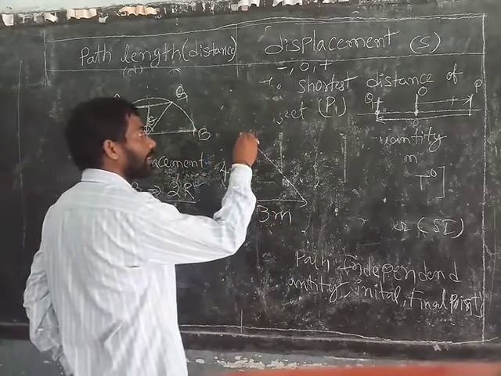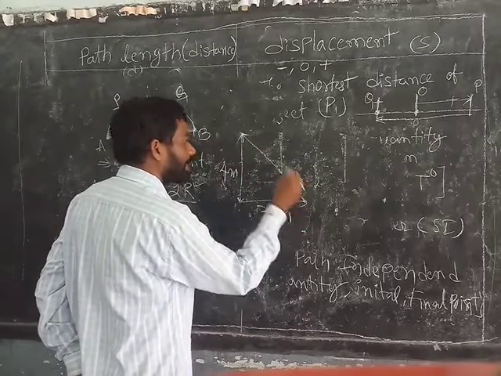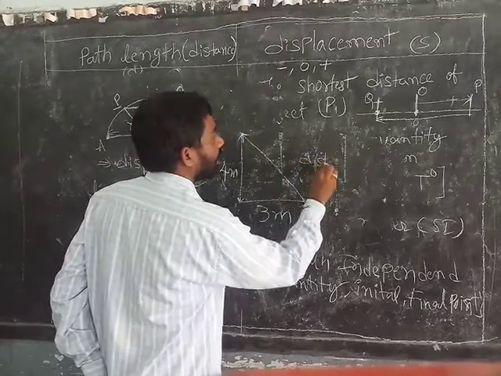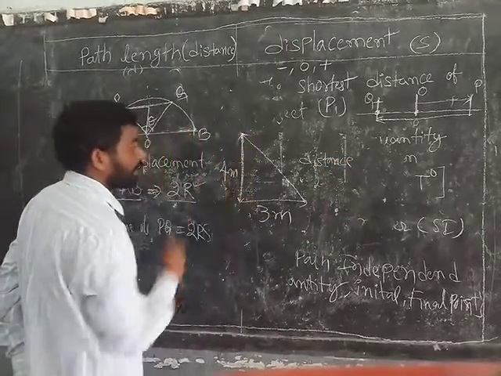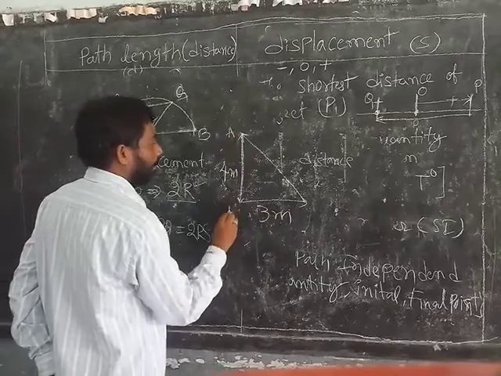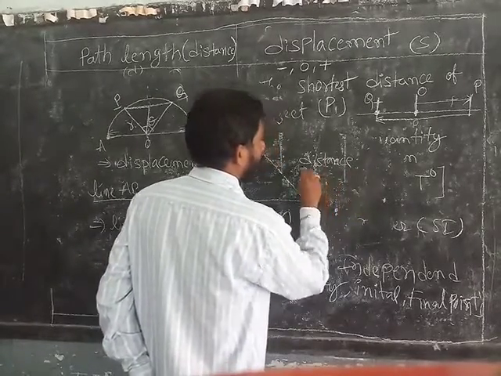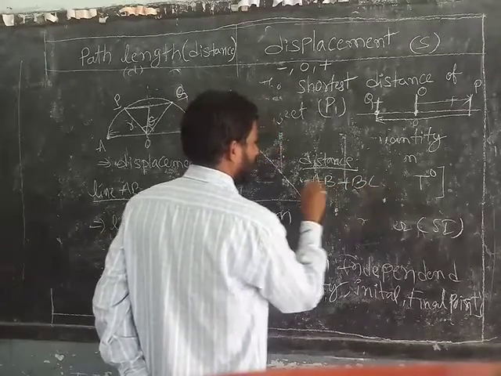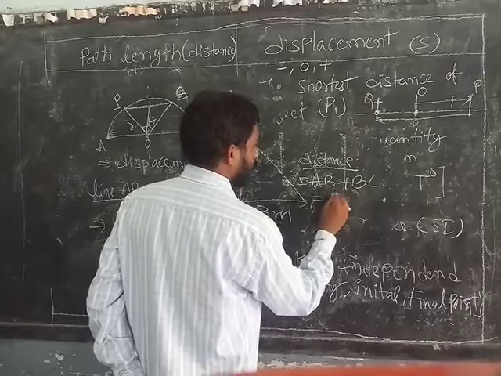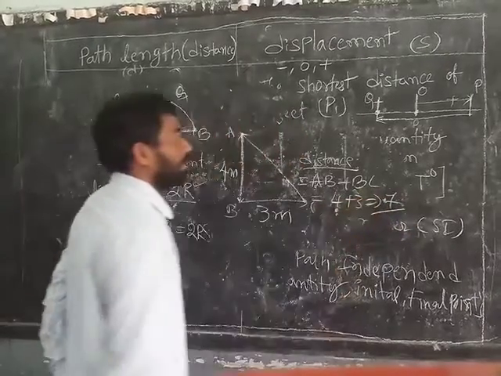The distance from this point to this point is taken along this length. Suppose the points are A, B and C, the distance is taken as AB plus BC. So its value is 4 plus 3, that is 7.